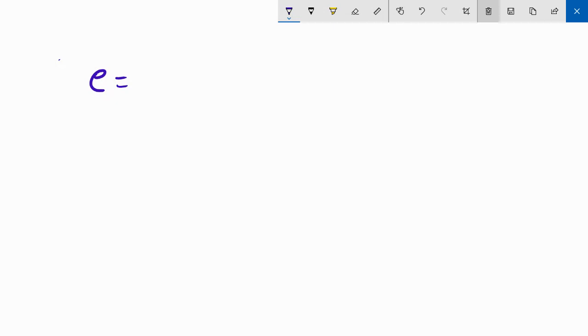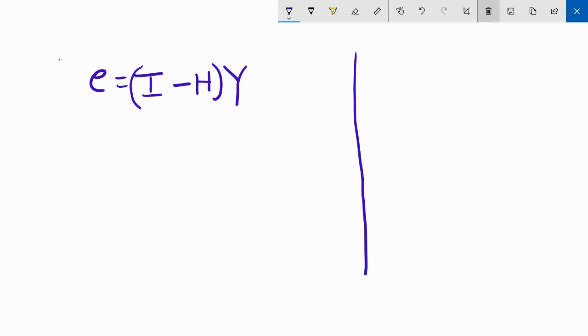There is a part which says E is equal to, what was the proof? Check from your notes. E is equal to identity matrix minus H, Y, isn't it? Yes. So let me help you so that you can have an idea of what is happening. You know the model of Y is given by this.